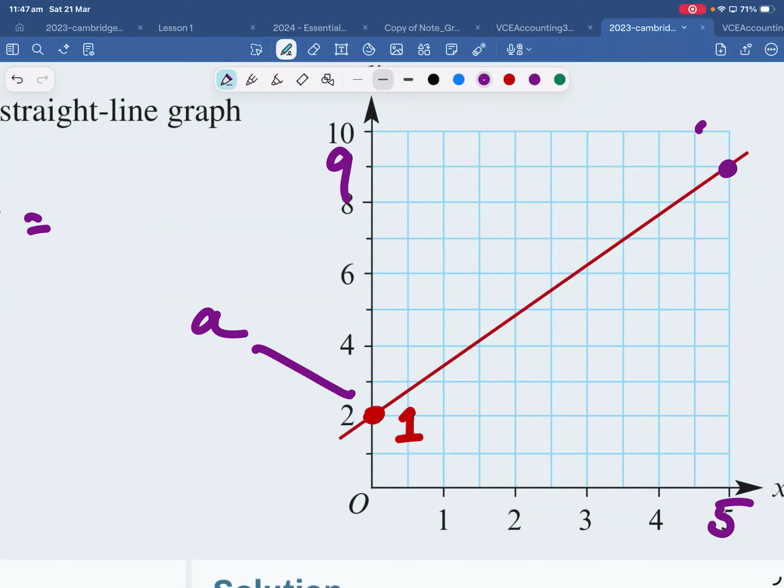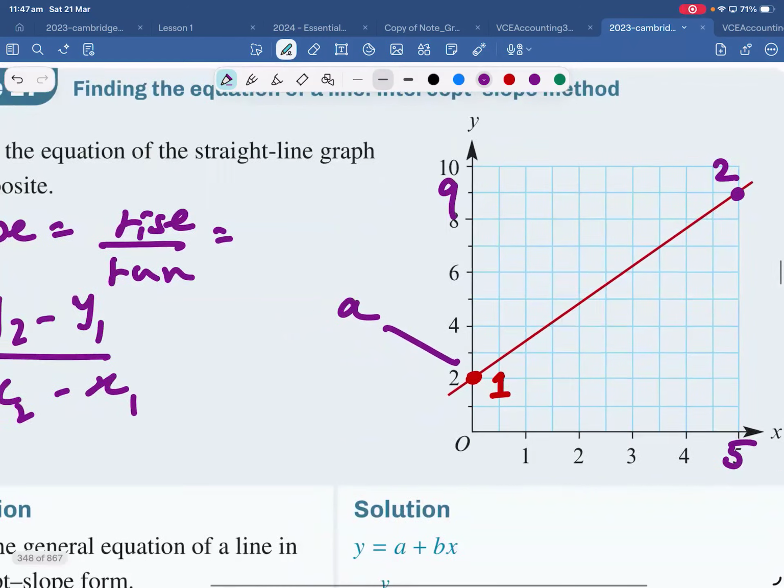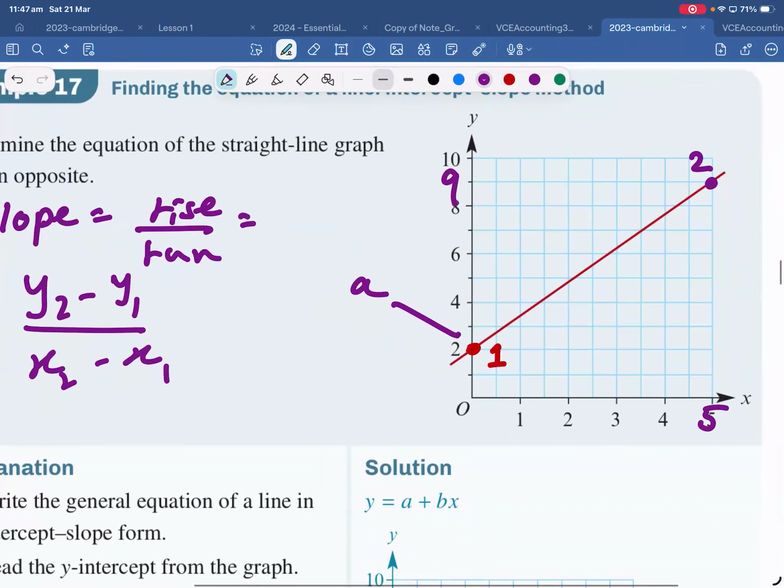This is coordinate number 2. I said this is coordinate 1, that's 2. You have to do that when you are doing it, otherwise you might take one coordinate first, then when you go to the denominator, you might mix up the coordinates. You know what I mean?